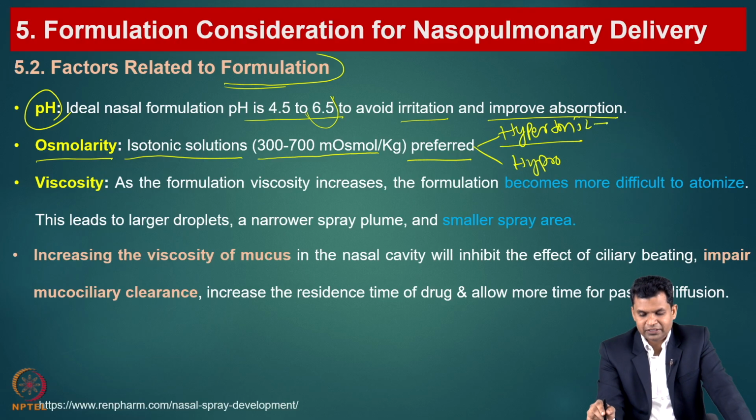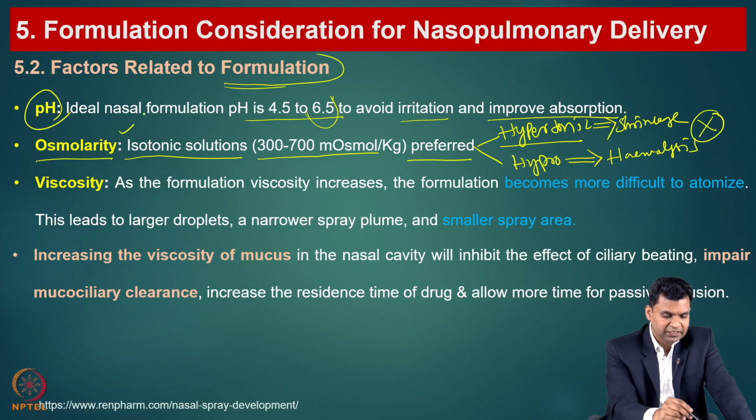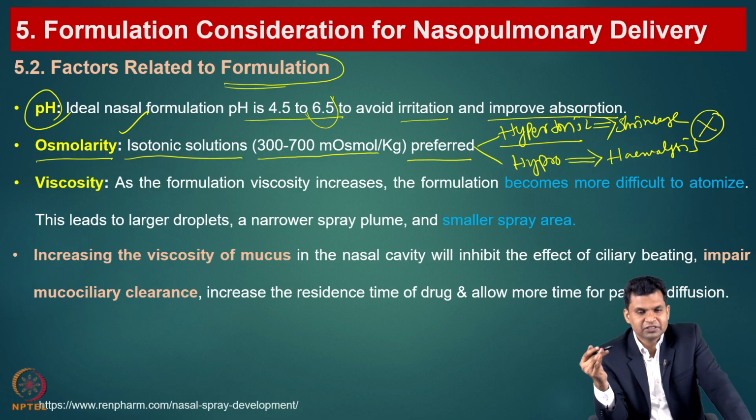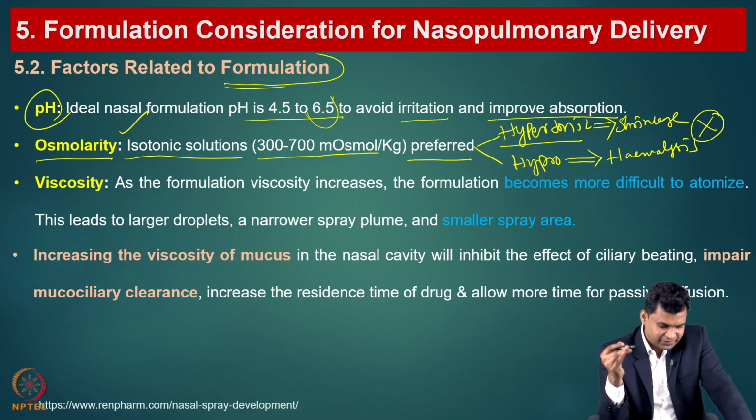When you use hypertonic, your cells undergo shrinkage, and in case of hypotonic, your cells will undergo hemolysis. So, this needs to be avoided. You need to take isotonic solutions, so the concentration of your formulation should be equivalent to the concentration of the biological fluids.